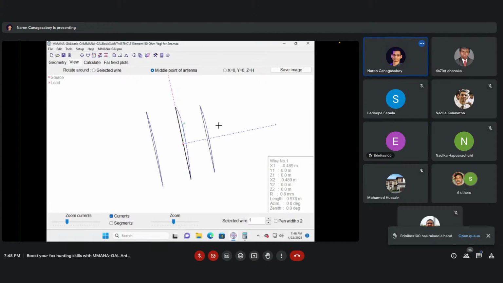So I would think, Ron, that if we were to make the driven element a continuous element, we will have to go for a matching system. Maybe, for instance, a gamma match. But that may add some complexity to the antenna, I'm guessing. Yeah, possibly, Naren.